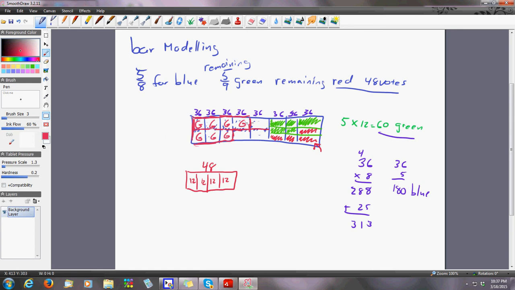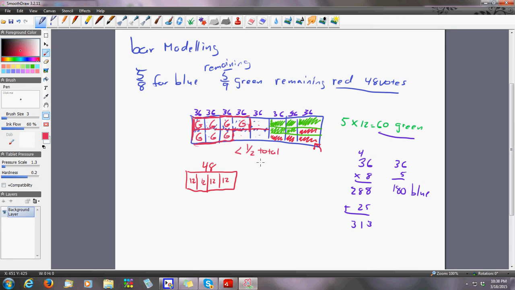So I would need 4 complete big boxes to represent half. I only have 3.5 big boxes. So right now, the girls who voted for blue represent less than half of the total.